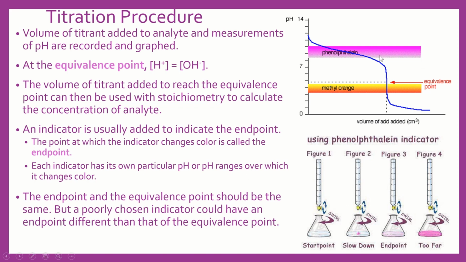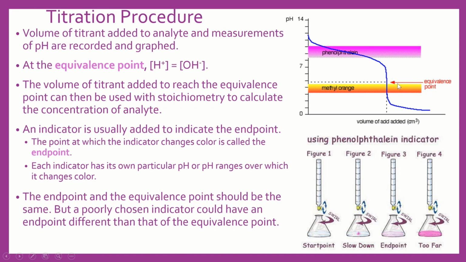So here's an example. Phenolphthalein will change colors, probably the indicator they used here, the pink color. So phenolphthalein changes color between the ranges of, looks like, about a pH of 8.5 and 10. Methyl orange, on the other hand, will change colors, according to this, between a pH of what looks like 4.5 and a pH of 3.